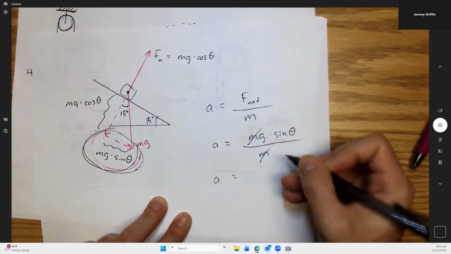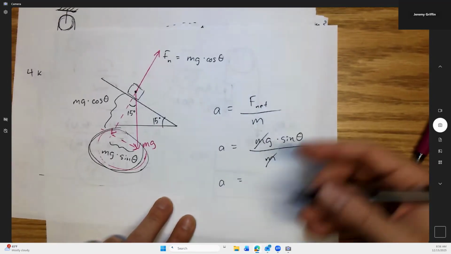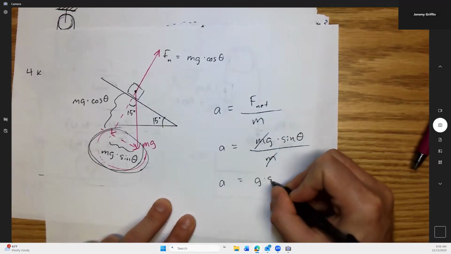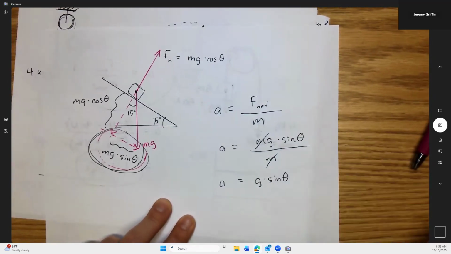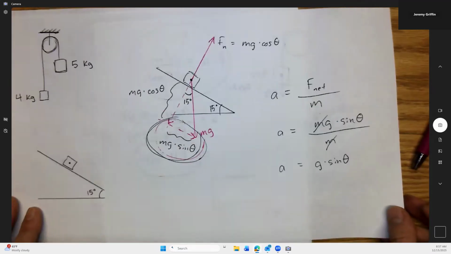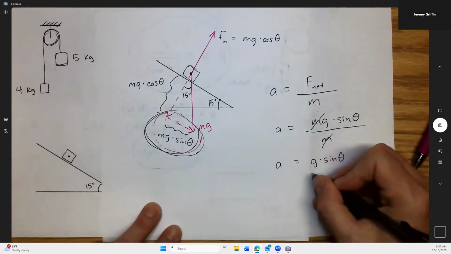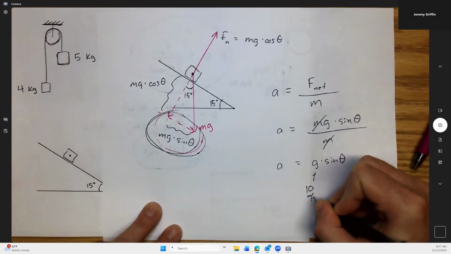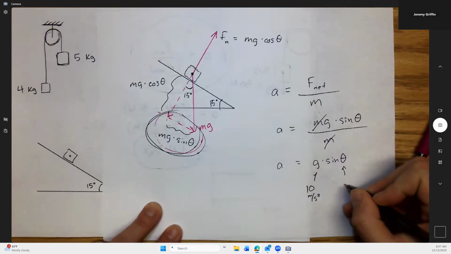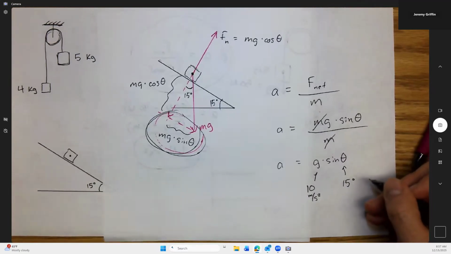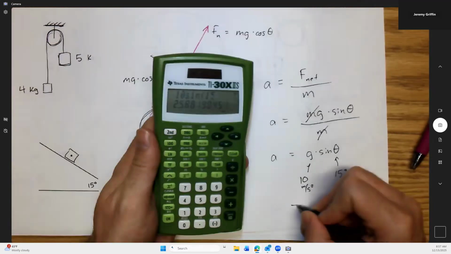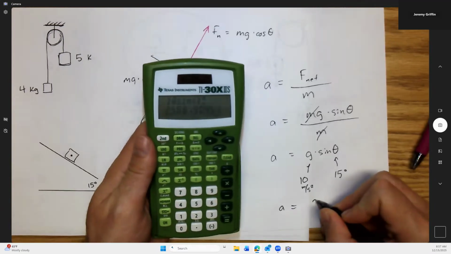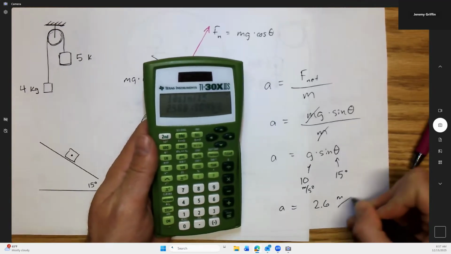So the acceleration for this scenario, if there's no friction, is always the sine component of the angle times the gravity field. Now if you pop in 10 meters per second squared and 15 degrees, you get 2.6 meters per second squared.